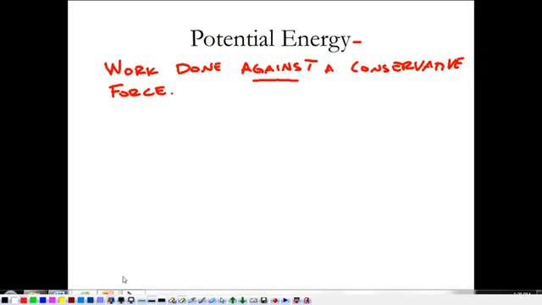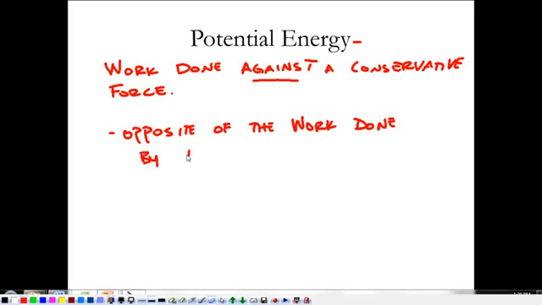Now, what I'd like to say is that potential energy, that stored energy, is the opposite of the work done by a conservative force. The opposite of that.